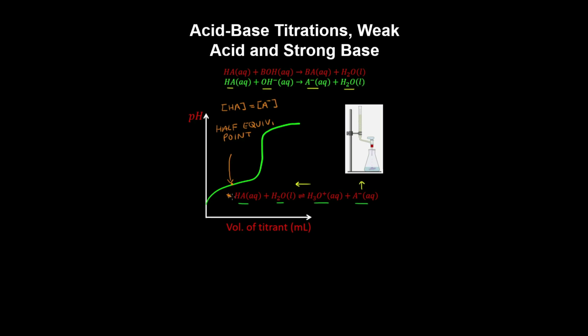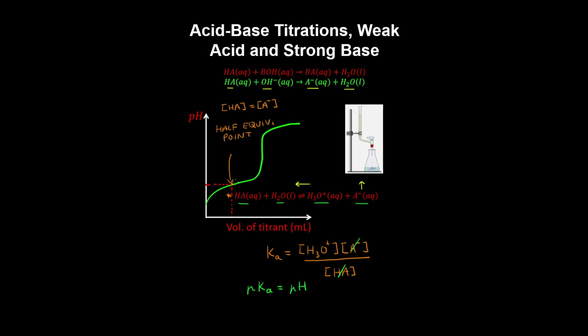And if we're using the equilibrium expression for this reaction, where we have the acid dissociation constant, well, at the half equivalence point, these will cancel, and if we take the minus log of both sides, we can obtain the acid dissociation constant by reading the pH at this point.